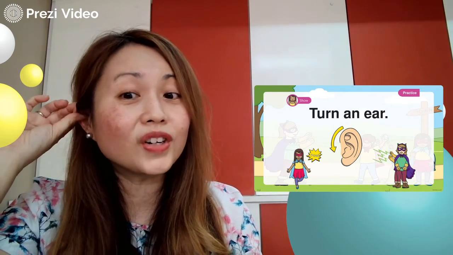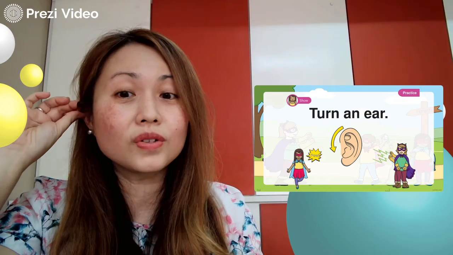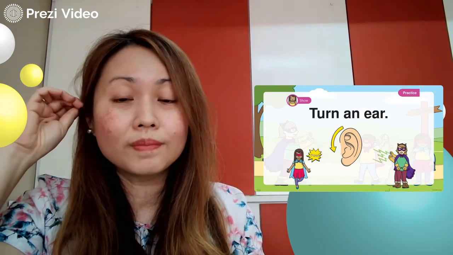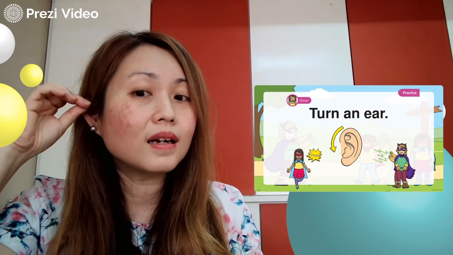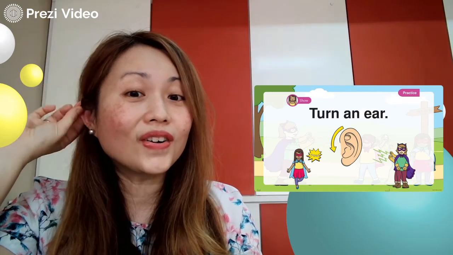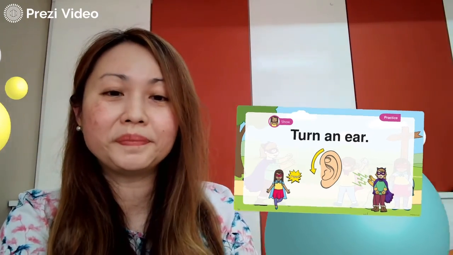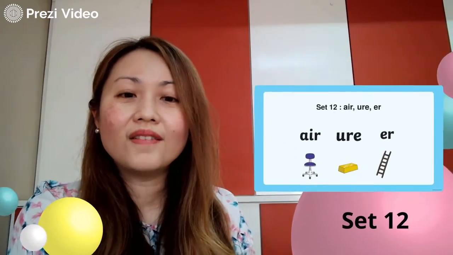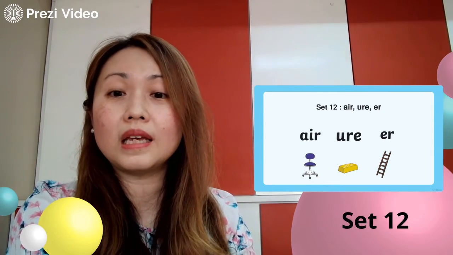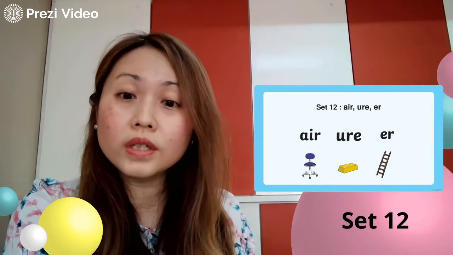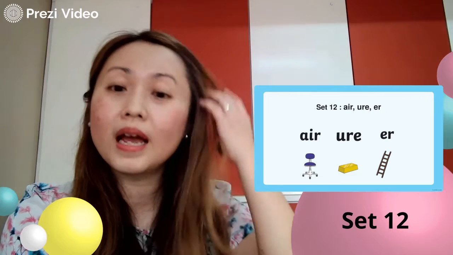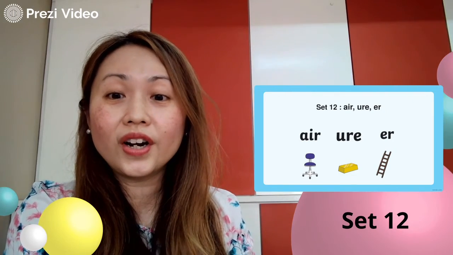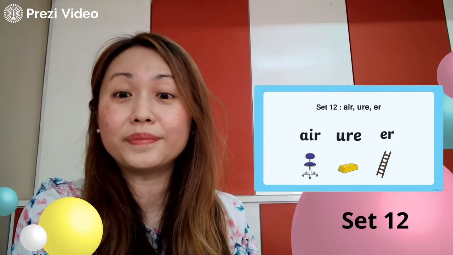For example, turn an ear, so they're able to enunciate the sound ear, turn an ear. Set 12 would be the start of more trigraphs: air, treasure, ear, and leather.